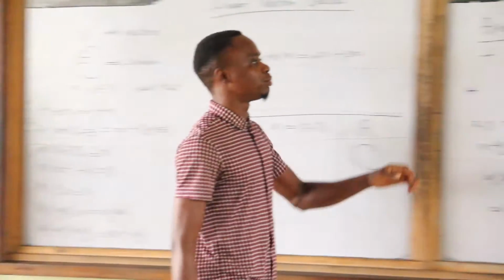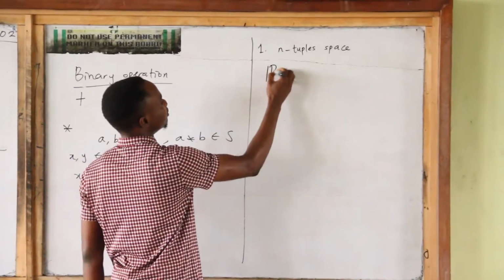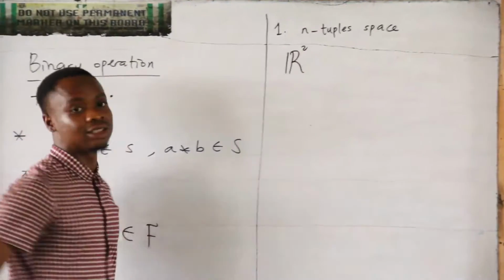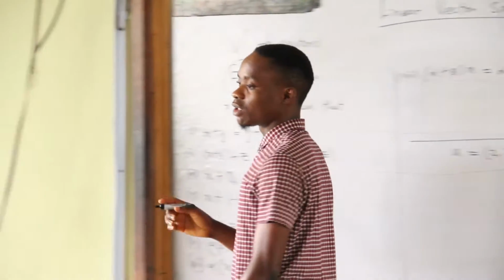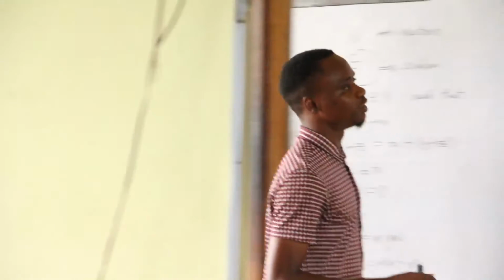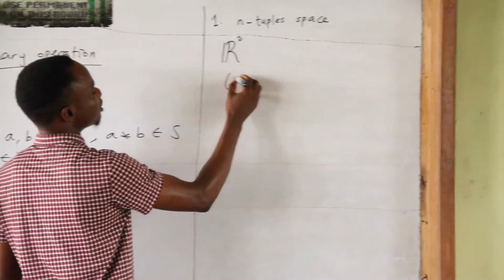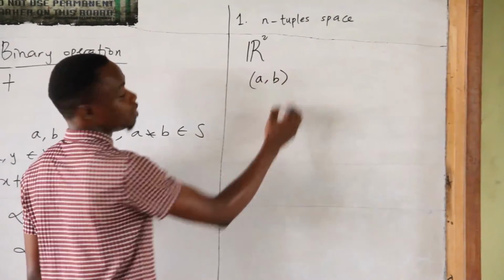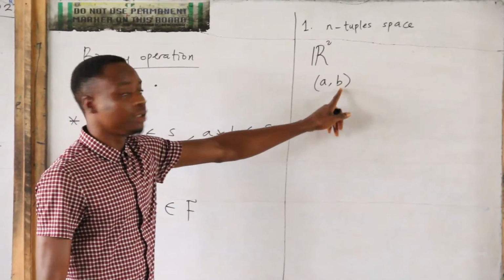So what do we mean by n-tuples space? Please pay attention. An example is the space R2. When you see R2, this simply means a set of vectors containing only real numbers. For instance, elements of this set can be written as (a, b), where a is a real number and b is a real number.